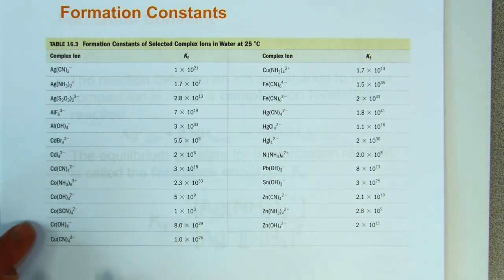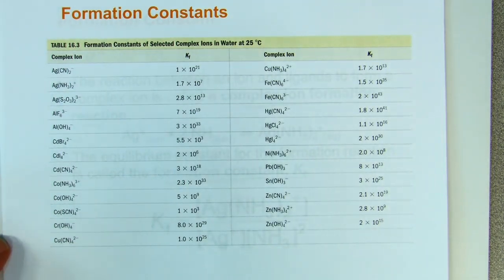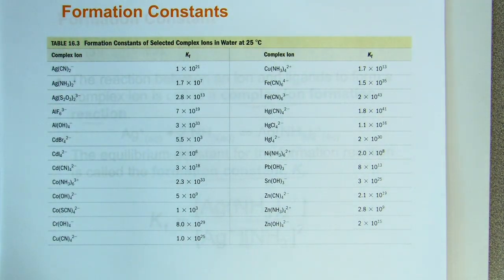Many different examples. And notice that a lot of transition metals are forming these complex ions in aqueous solutions. There's various different charges, there's various different ligands involved. You don't necessarily need to memorize this table or all of the stoichiometric ratios or even all the ligands. But do know that lots of options exist.